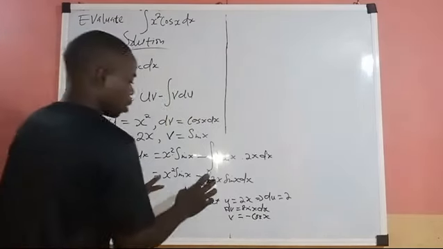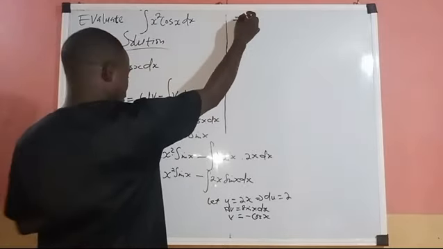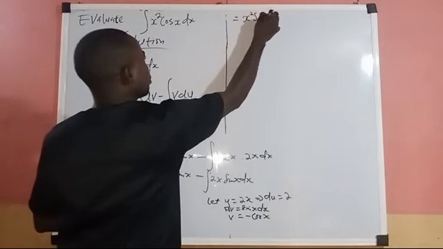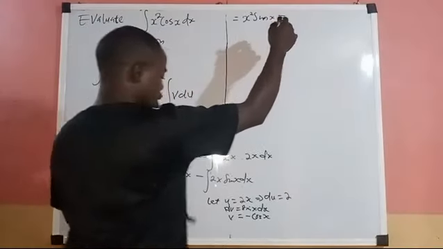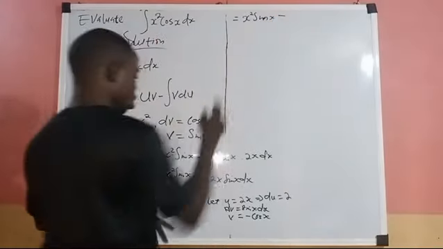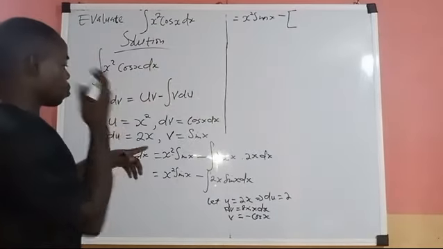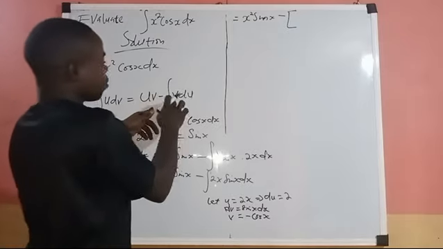Now substituting it here, this is going to give us x squared sine x minus the integral. Instead of writing this integral, I will just evaluate it right away. That is uv minus integral v du.